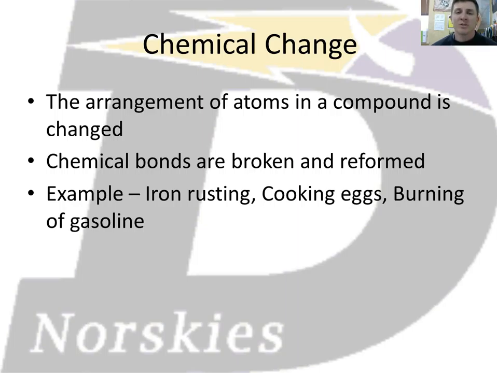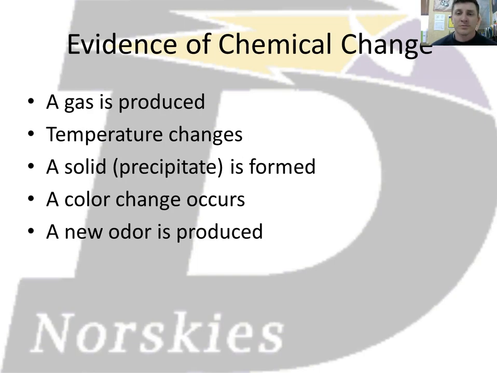That would be an example of a chemical change. And burning of gasoline: you can light it on fire and it'll change into a flame. That would be a chemical change occurring. Anywhere there's smoke, light emitted, or color change, a lot of that is going to be evidence of a chemical change.